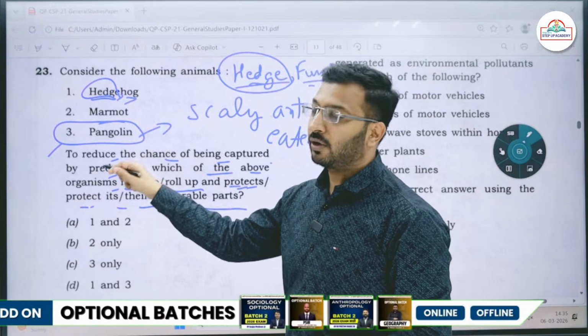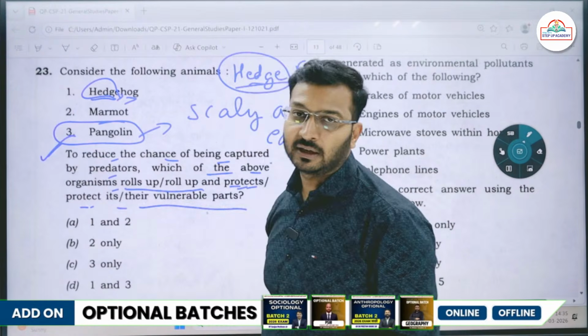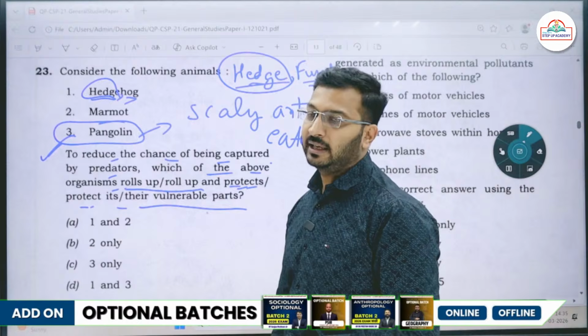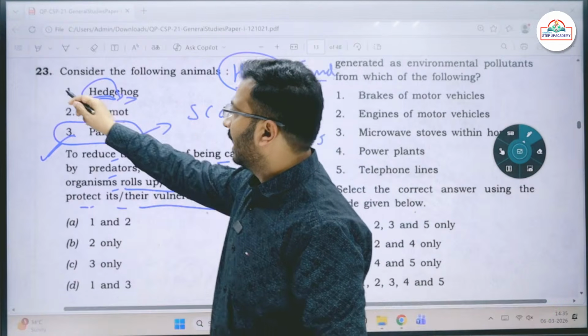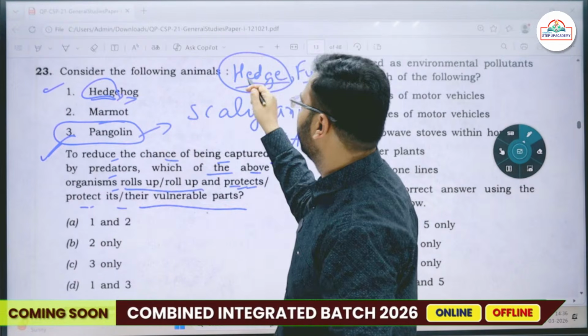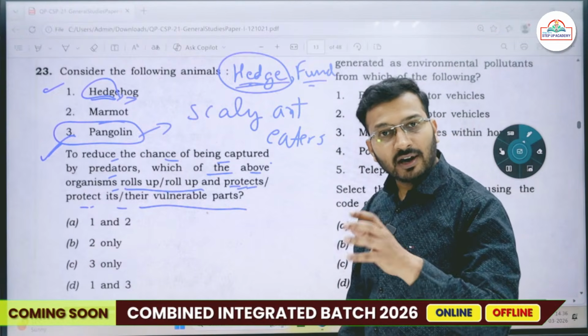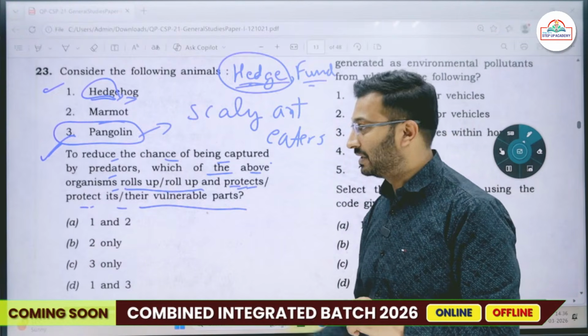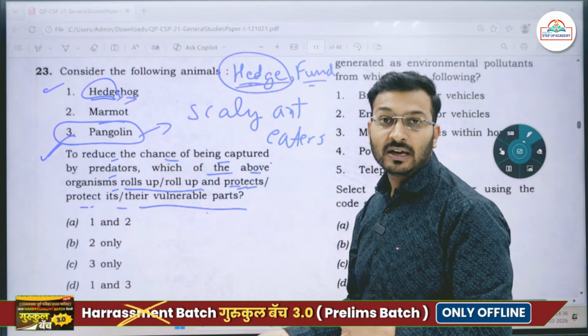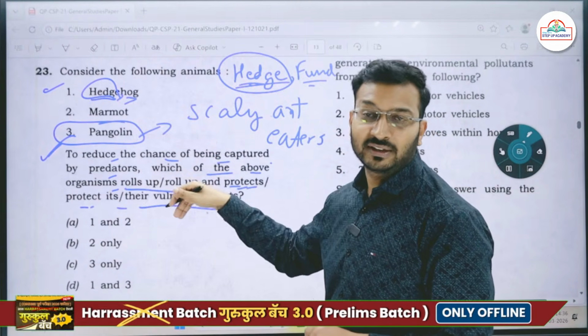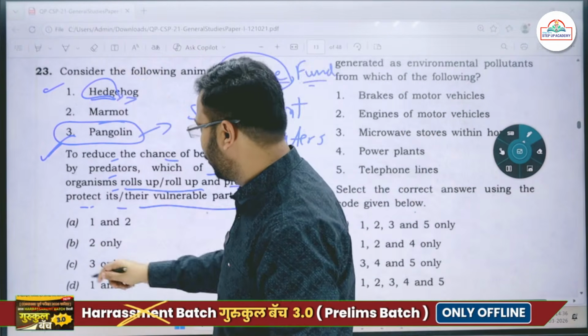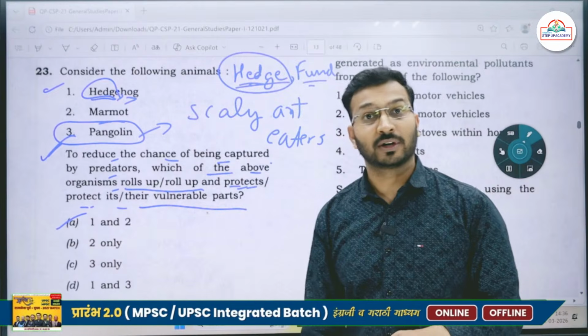So I'm aware of pangolin. Yes, I'm definitely aware of pangolin. It is a scaly animal and it protects itself. Then I am now aware of hedgehog as well, because I have used my logic. Try to apply such things in the examination. Read the question very carefully. Most of the questions you have to solve in the examination then and there. So 1 and 2 become correct over here.